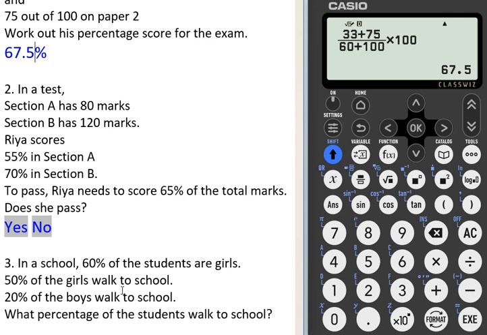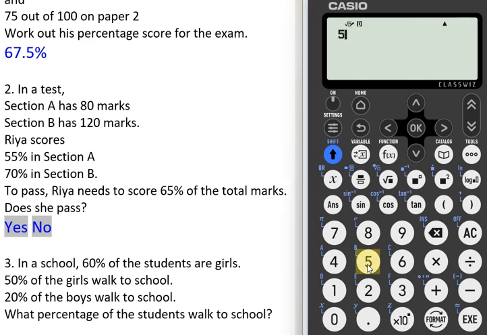So what we'll need to do is work out the total marks that she's got, a bit like we did in the previous question, and then work out the total marks over both tests to see what percentage she's got. So let's do section A first of all.